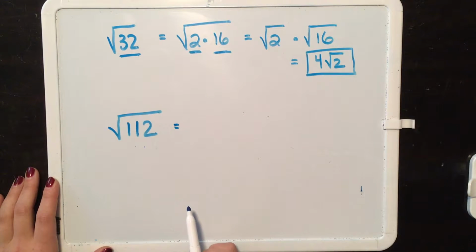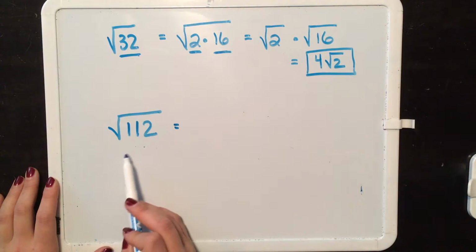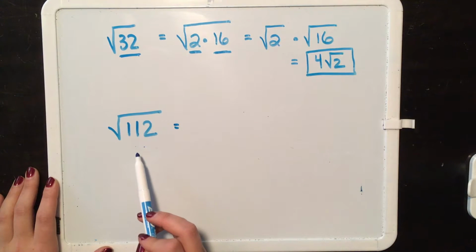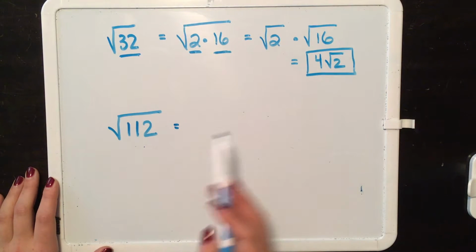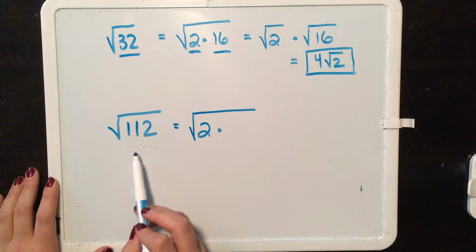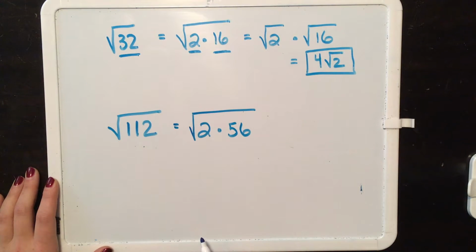Now, we don't necessarily know the factors of 112. I don't know if 4 or 8 or 16 goes into 112, but I do know that it's divisible by 2 at least. So let's break it up into 2, and 112 divided by 2 is 56.